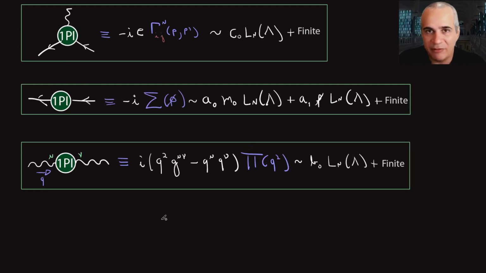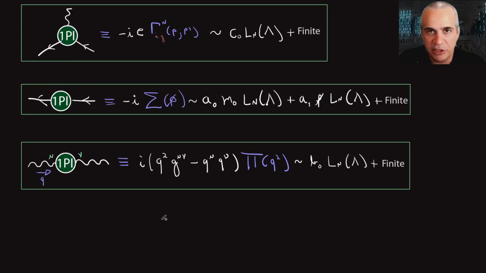In QED, we have 2 fields and 1 coupling. So there's a condition that comes from physically defining that coupling. And in principle, you could have another 4, for the position of the pole and the residue of each of the other 2 propagators.